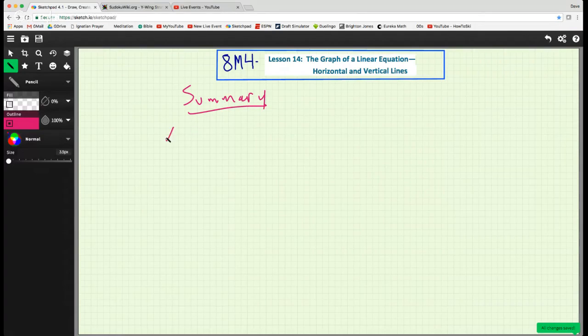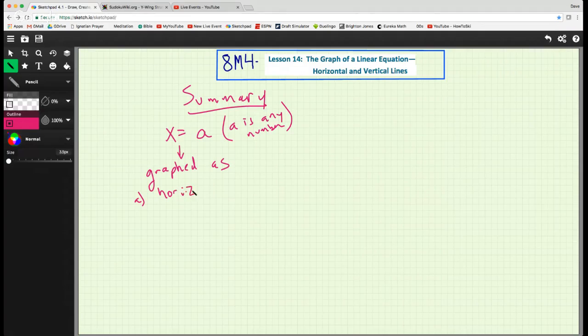If you have x equals a, where a is any number, this is graphed as a vertical line.